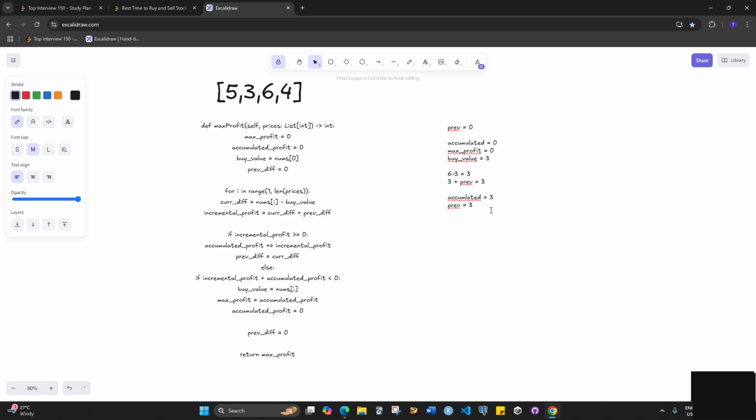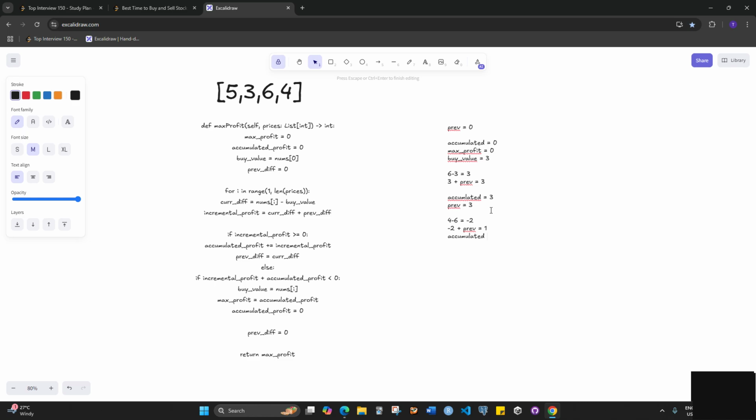Okay, whatever. And then here we do 4 minus 6 equals negative 2. Negative 2 plus prev is equal to 1. If profit is greater than 0, so then we just do accumulated equals to, okay, wait, hold on, that might be a problem.